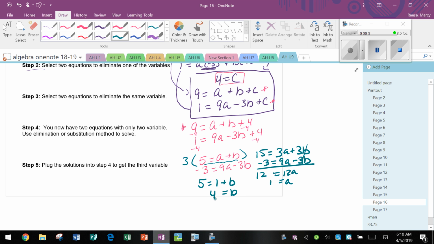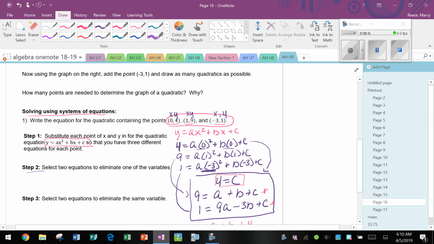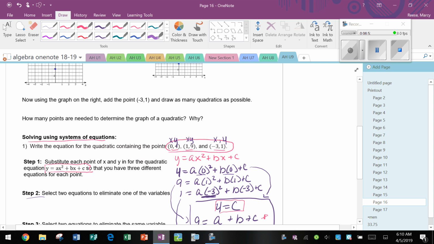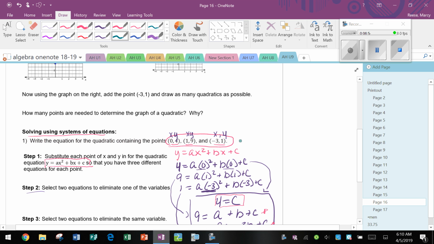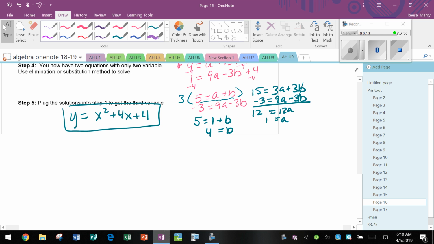I've got the quadratic y equals x squared plus 4x plus 4. That quadratic, if I put it into my y1 in my calculator and go to my table, it will have the points (0, 4), (1, 9), and (negative 3, 1). That is the quadratic from those 3 points.